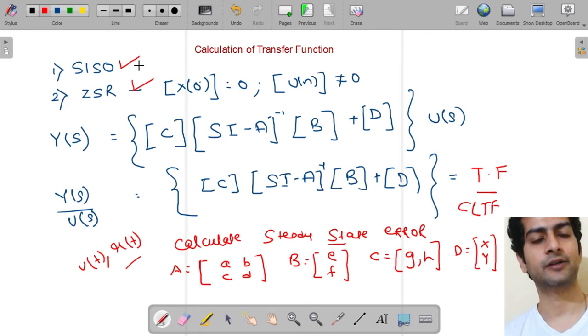Let's take different combinations and see what will happen with the transfer function, whether we are able to calculate it or not, whether it is defined or not, whether it exists or doesn't exist. Very interesting part. Just keep listening to me.